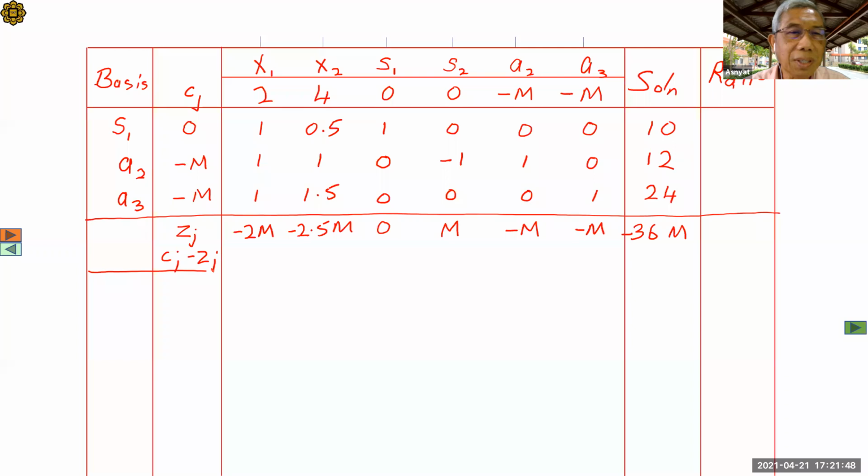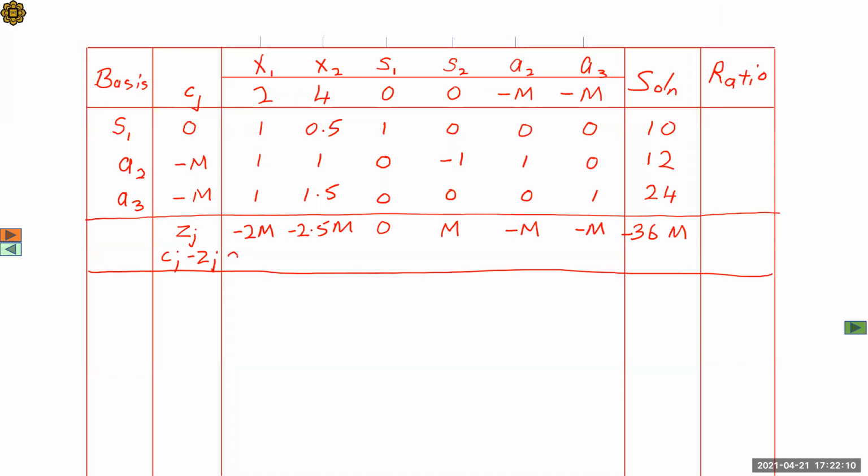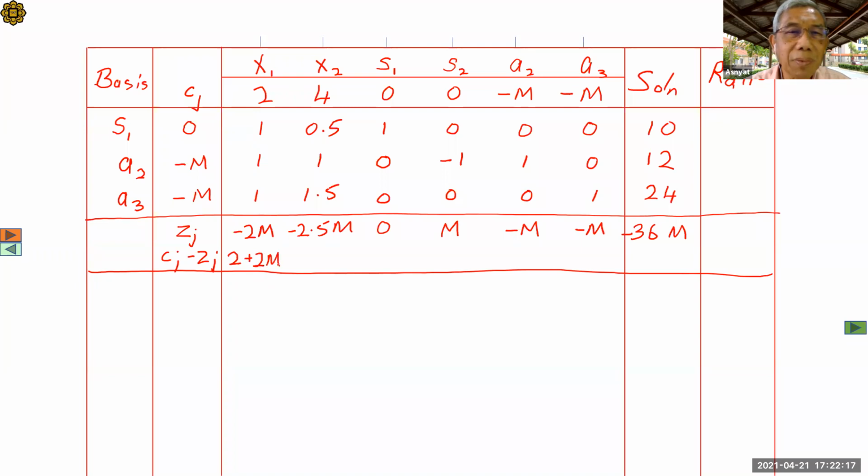Let me draw a line. Okay. Now we have Cj: 2 minus negative 2M, which becomes 2 plus 2M. Next one, 4.